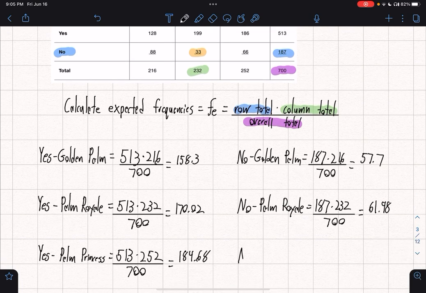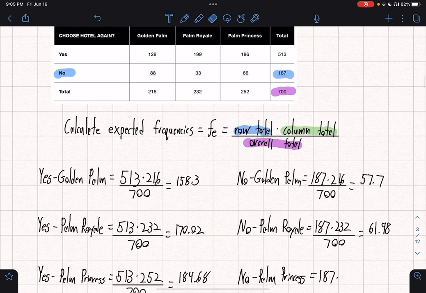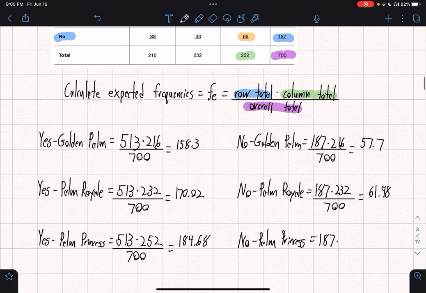And then finally, no Palm Princess. Row total is unchanged. It's 187 times 252 for Palm Princess. So it's now 187 times 252 all over 700. And I get 67.32.